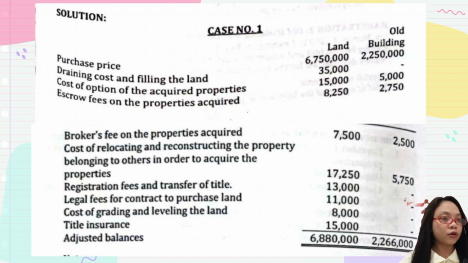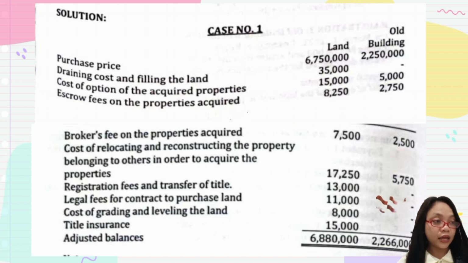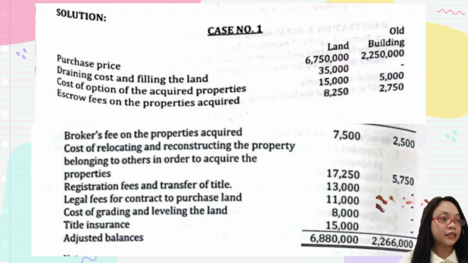So, ang total broker's fee on the properties acquired is 10,000 and atong i-allocate sa land and old building based sa ilang fair value. Sa land is 75%. 75% of 10,000 is 7,500. And for the old building, naa tay 25%. And 25% of 10,000 is 2,500.